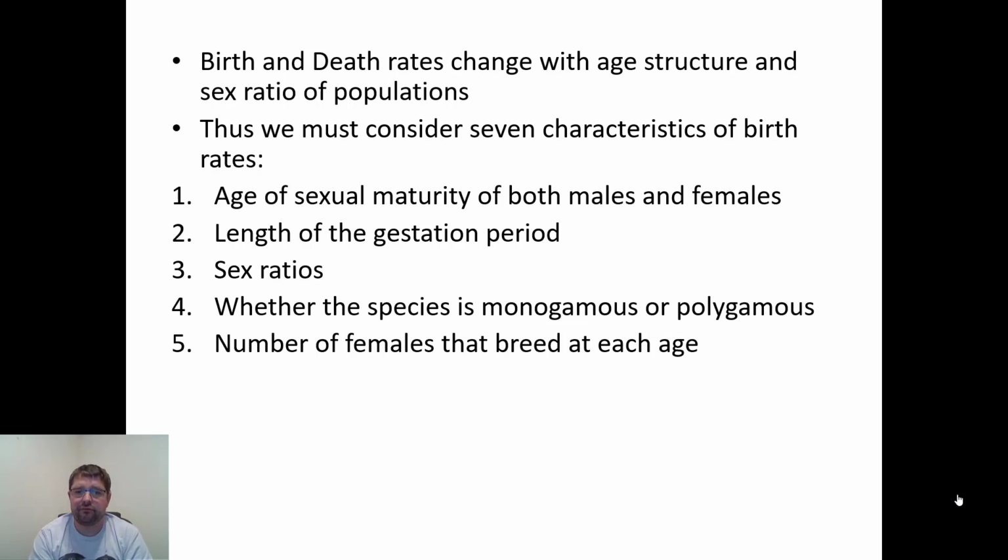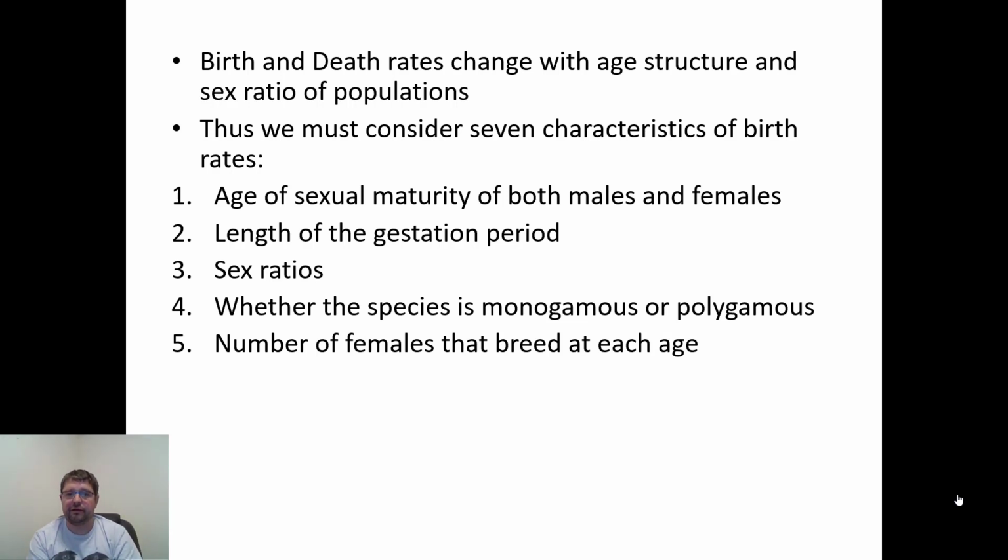Because what happens is young females often produce few offspring, and then peak females, after a couple breeding seasons, unless it's an organism that only breeds once, of course, have reached peak breeding, and they will produce the most offspring, or have the highest fecundity possible for a given environment.